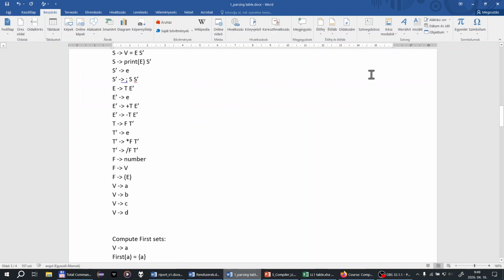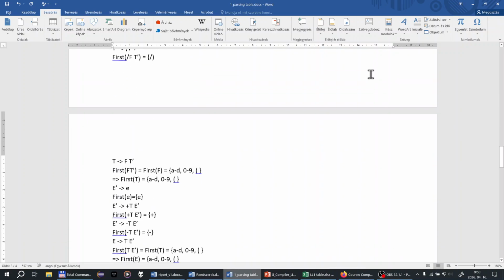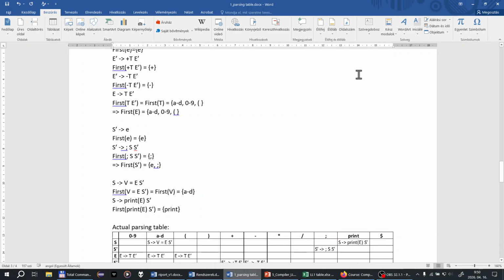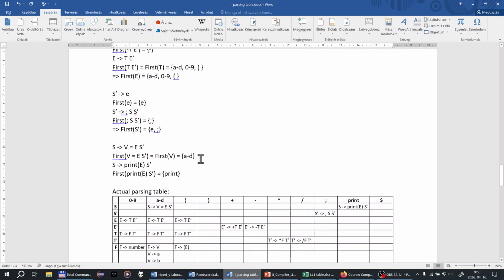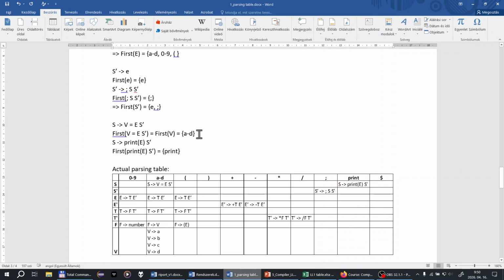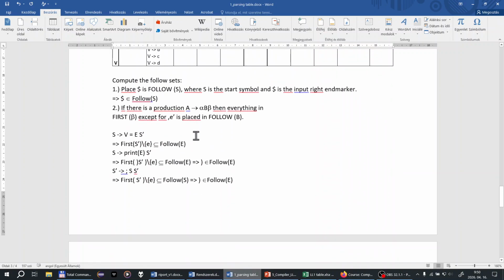There we have the S. It is somewhere here. First S prime includes the semicolon. So the semicolon is an element of follow S.